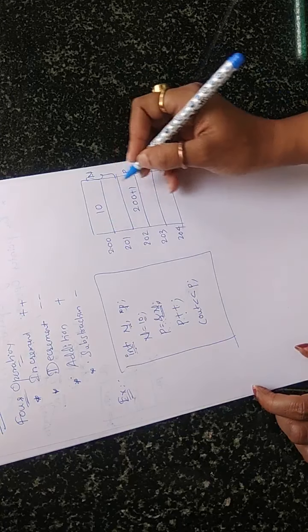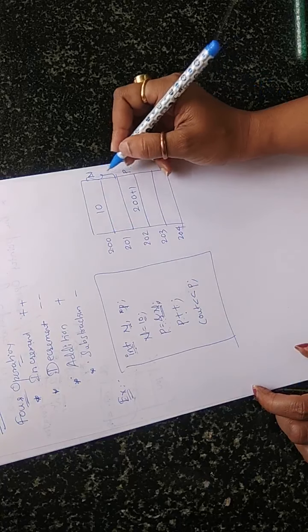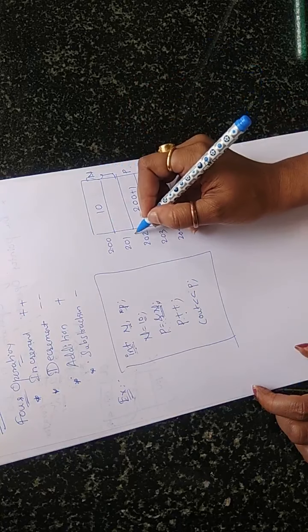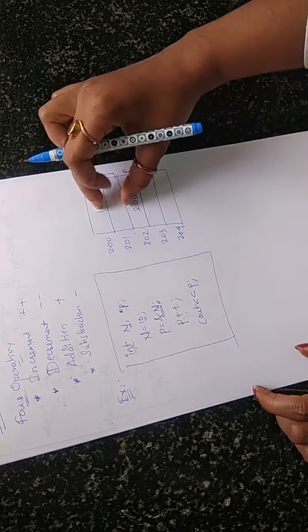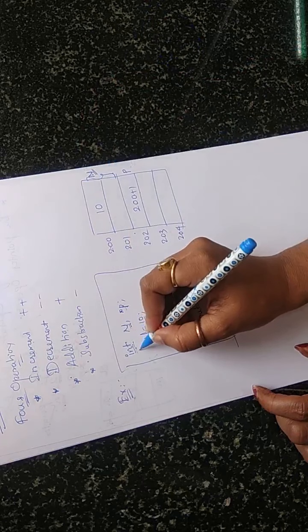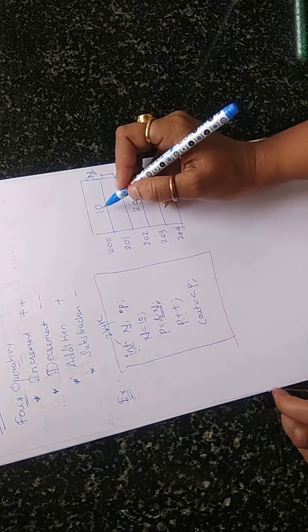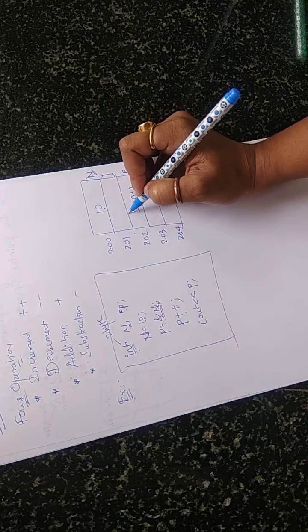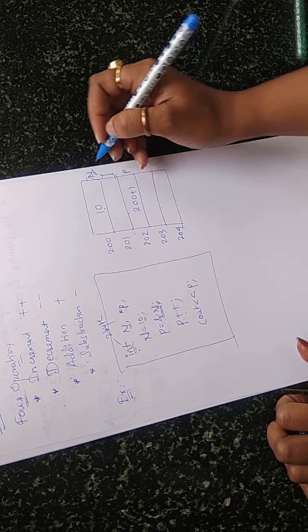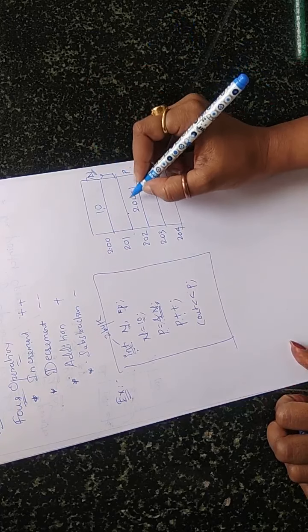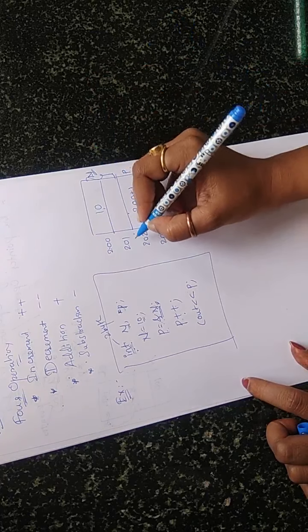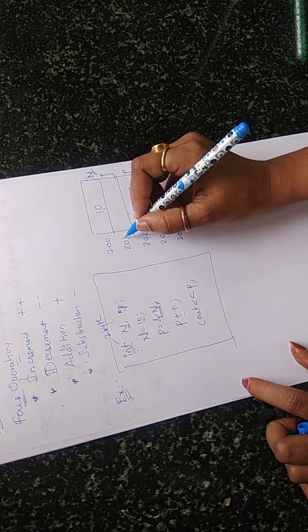The initial value 200 is stored, but we have to add plus 1 after 201, because both of these are related to n only, because it is an integer, right? An integer stores 2 bytes of data. Only 1 byte we are using, but the other byte is also of n only. So when you are incrementing, you are not doing 200 plus 1, it is always 201 plus 1.